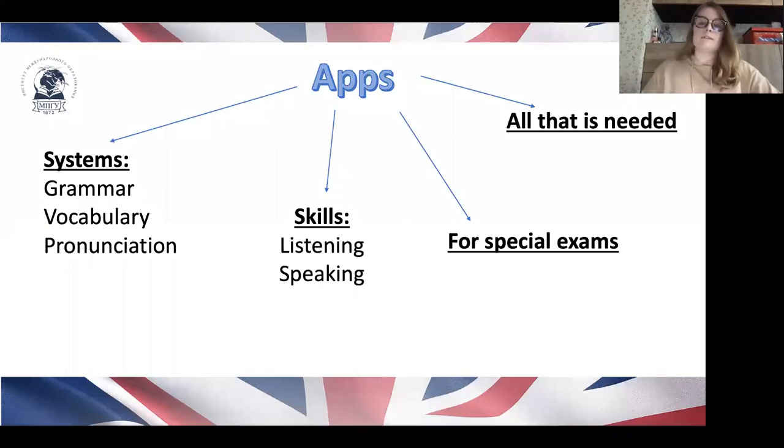Then apps for specific exams, especially international exams, and I found 2 beautiful apps for ЕГЭ, and I'll give you some comments about that. And all that is needed, such apps as Duolingo and Lingualeo, which consist of lots of materials inside one app. So we may start in this order, from systems to all that is needed.